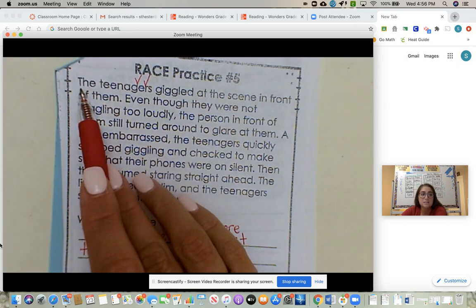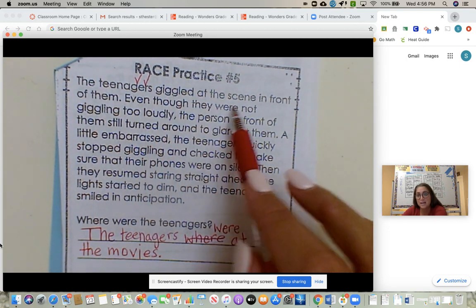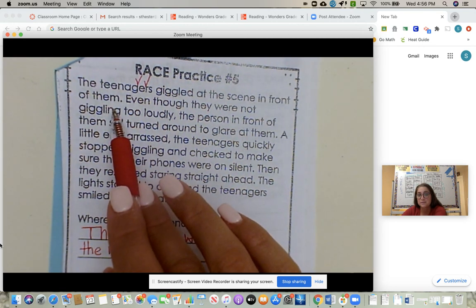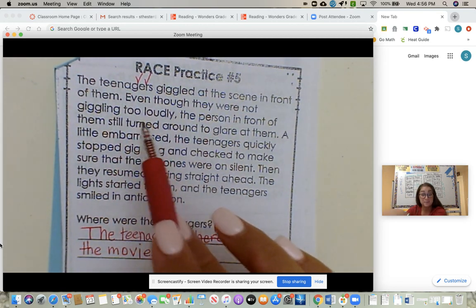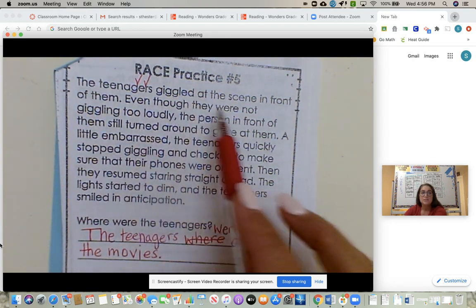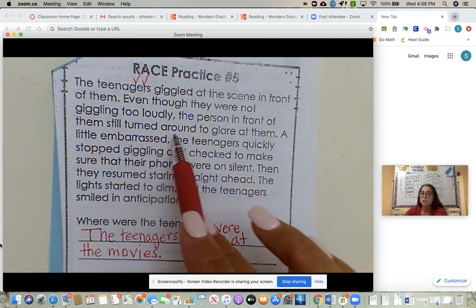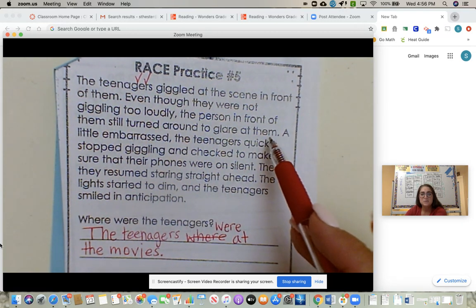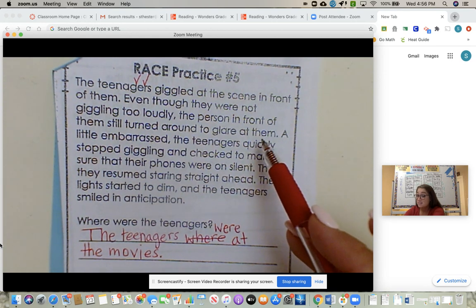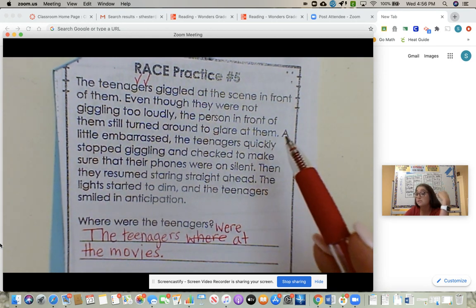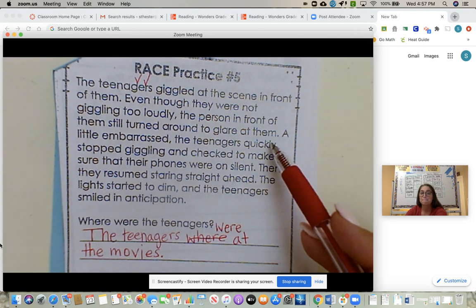So when I first started reading, the teenagers giggled at the scene in front of them. I was thinking, oh, maybe they're laughing at someone in front of them. Even though they were not giggling too loudly, the person in front of them still turned around to glare at them. So I was still thinking that they were in maybe like a grocery store, or they were in line somewhere. That's where my mind went. Because I visualize, remember, every time I read.